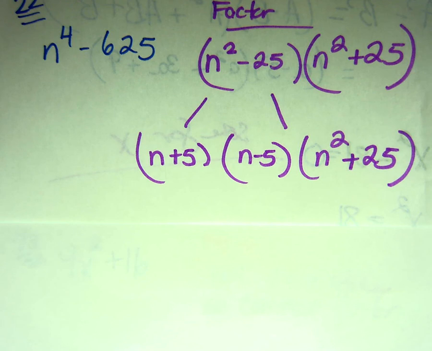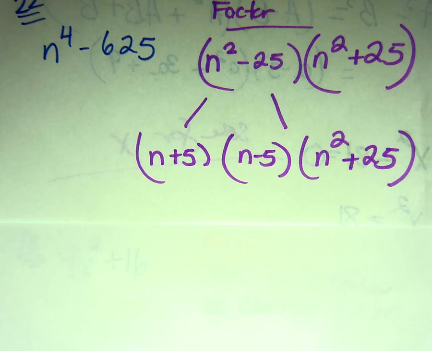So here goes a 25 right here, here goes a 25 right here. They are different signs because this is a negative. So I have a negative right here and a positive right here. But notice these are still squared. And here's how I know I can still factor. It's to an even power. So if it's 2, 4, 6, 8, on and on, you can keep factoring those. But if they're odd numbers, you get stuck sometimes because they actually are prime in some cases.